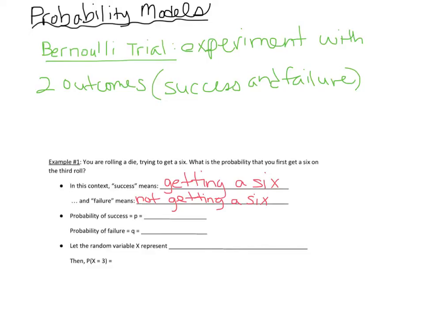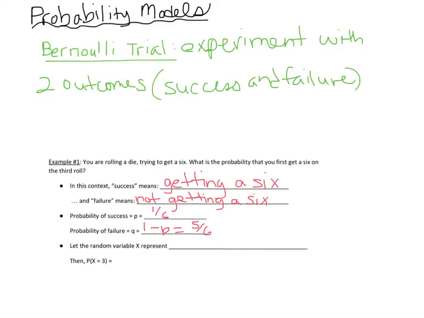Our probability of success, we usually denote with the letter P. Since we're rolling a 6-sided die, we have a probability of success of 1/6. Failure you do by doing 1 minus P, which gives you 1 minus 1/6, or 5/6.